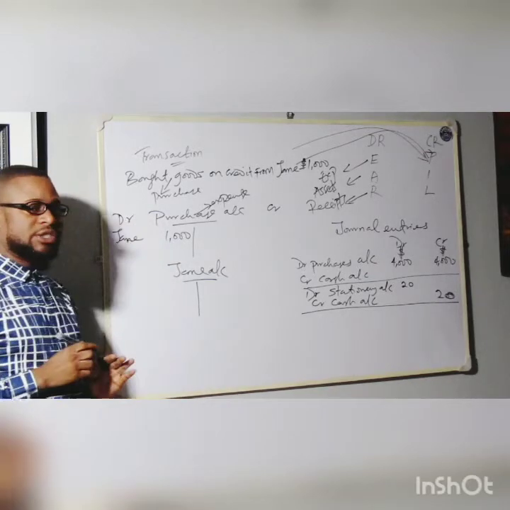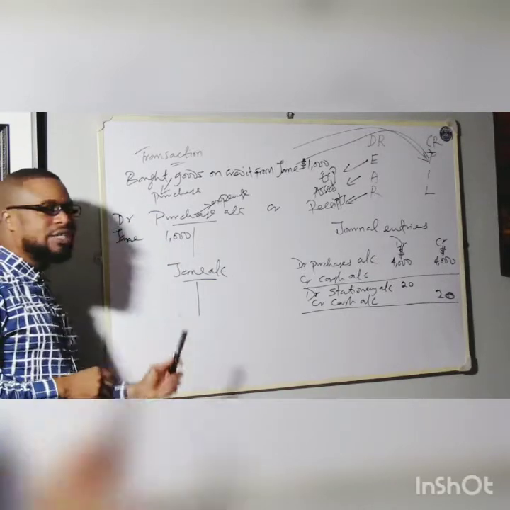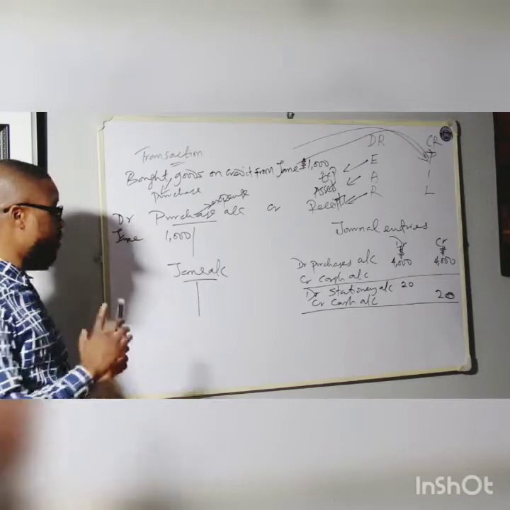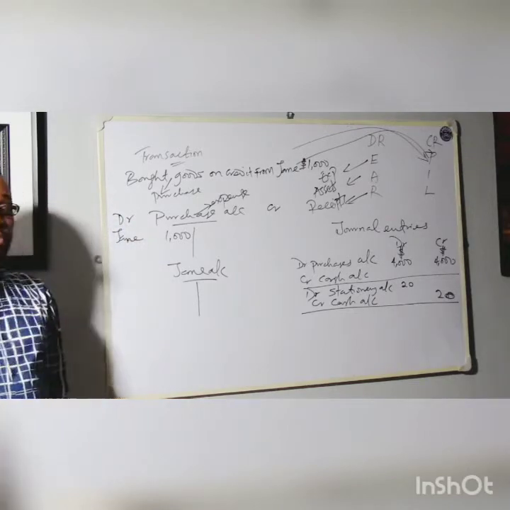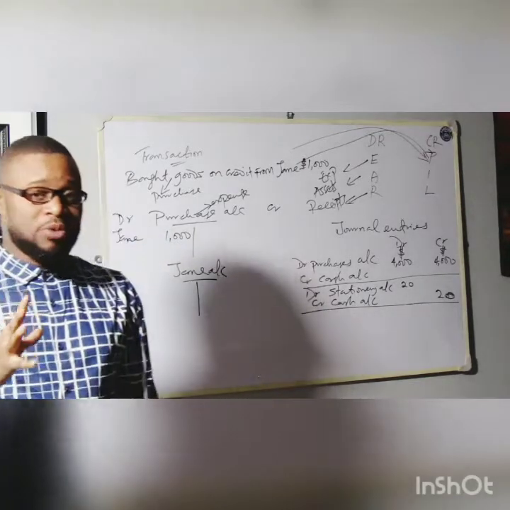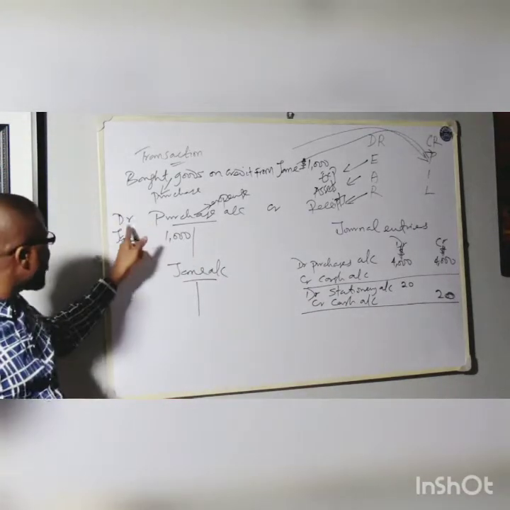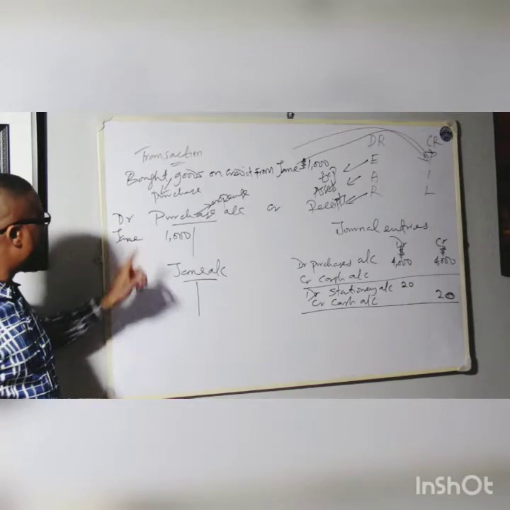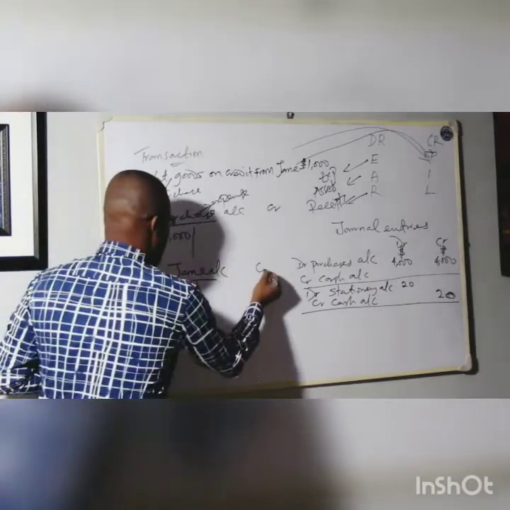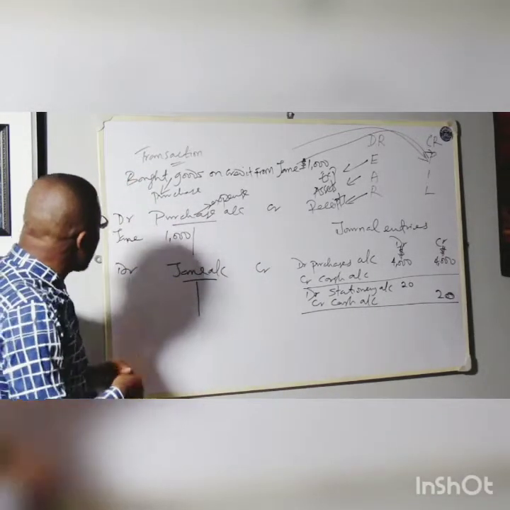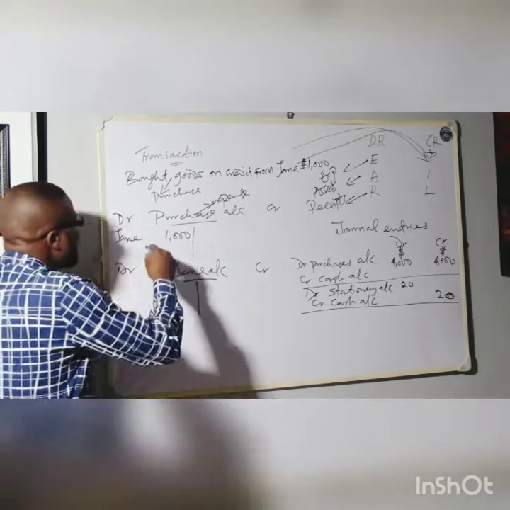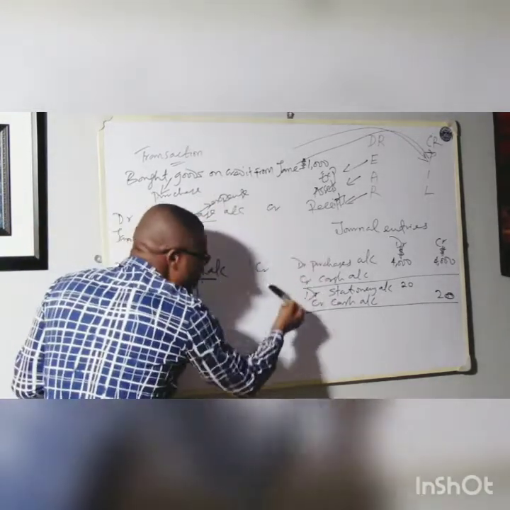I got my first entry right, so my second entry can never bother me, because all I have to do is to apply the principle of double entry, which says that for every debit entry, there must be, okay, are we together? For every debit entry, there must be a corresponding credit entry.